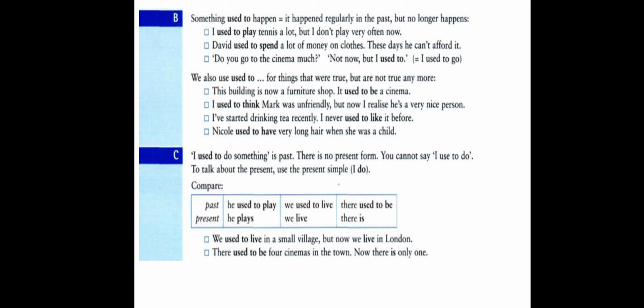In the third example, I have started drinking tea recently. Means in the past I never used to like it before, or I never used to drink it before. So the habit which was in the past, that I liked tea in the past, is finished.